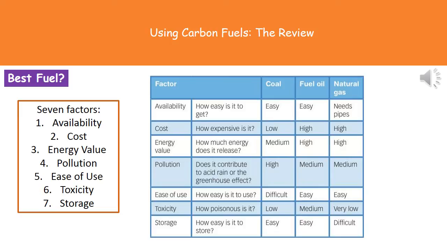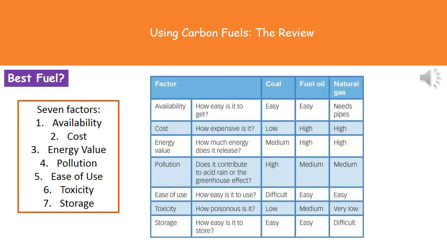Now the kind of question you're likely to get here is a table that summarises some of those key factors. So the table I've given you there shows you coal, fuel oil and natural gas, and it has a little evaluation about those 7 different factors.